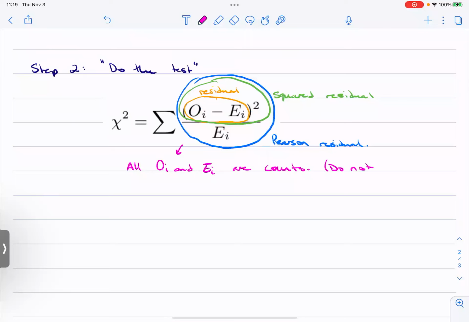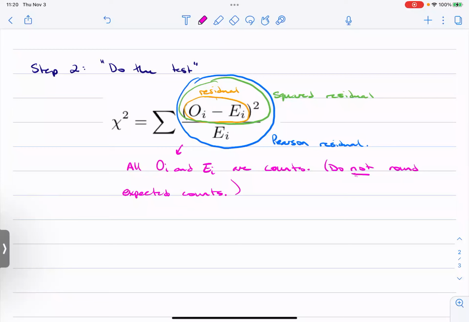Do not round expected counts. You want to keep those decimals because otherwise it's not going to add to the total. If you have an insane number of decimals, then you're allowed to round, but keep at least 2 decimal places.